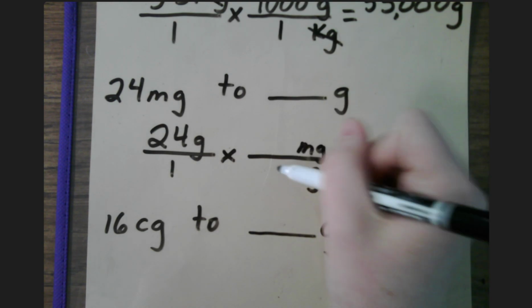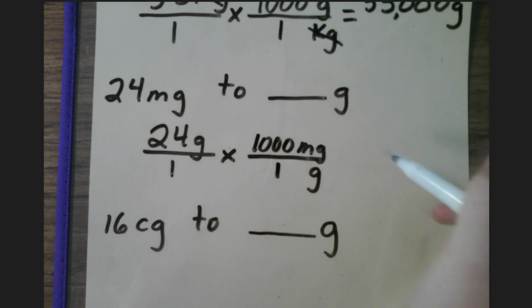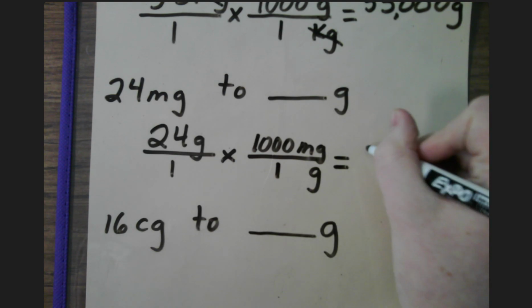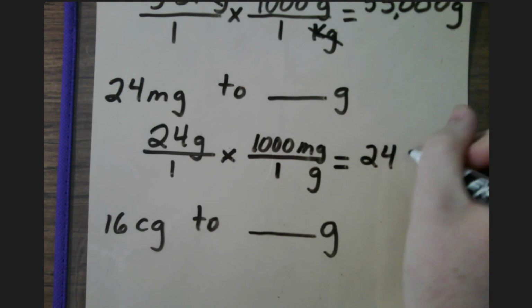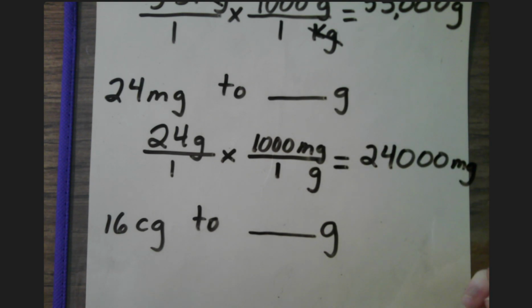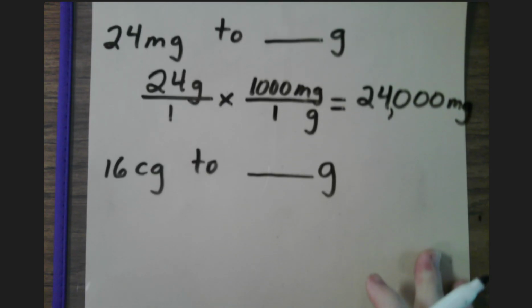So we have 1 gram is equal to 1,000 milligrams. With that, we're just going to multiply, and that'll be in milligrams. 24,000 milligrams.